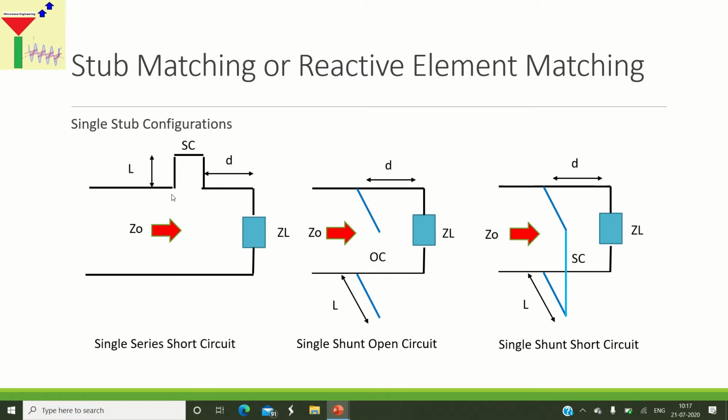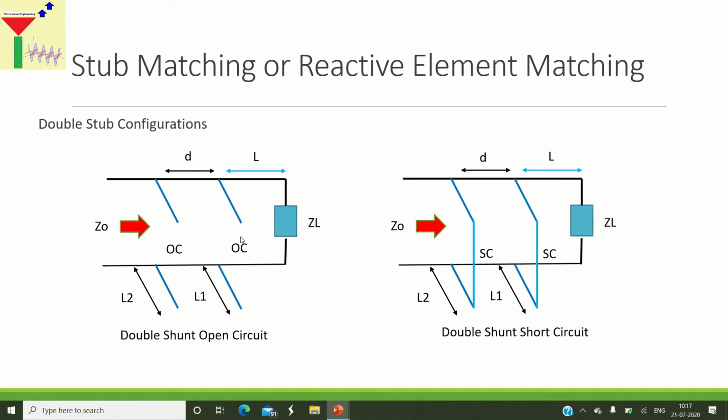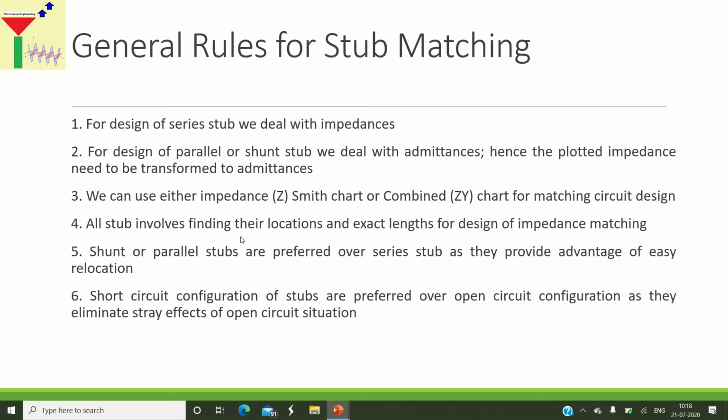As soon as we finish the problem and calculate the location of the stub, small d, and the length of the stub, L, we will complete the design example and redraw this same diagram with neat labels of the values of distance and length. So let us go ahead solving this example.